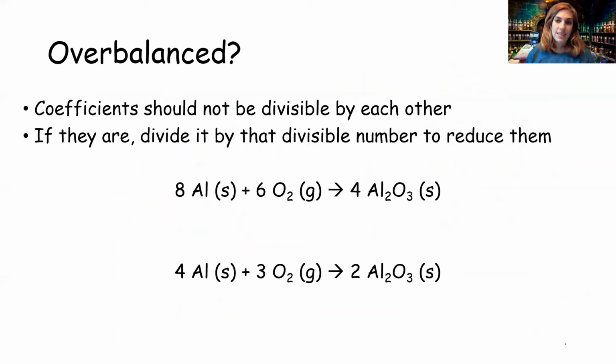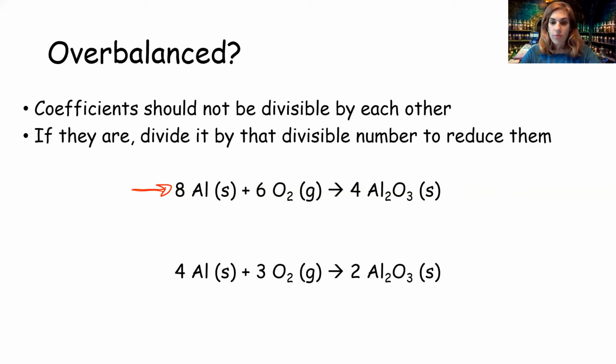Let's say that as you were doing this, you accidentally overbalanced it, so you got this equation instead. Technically, it's balanced, but we always want it to be as simple as possible. Remember, the coefficients should always be the simplest whole numbers.